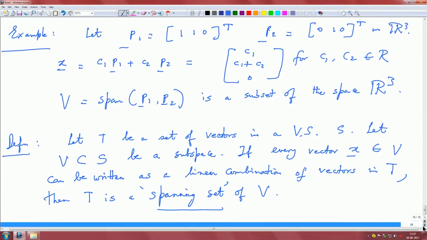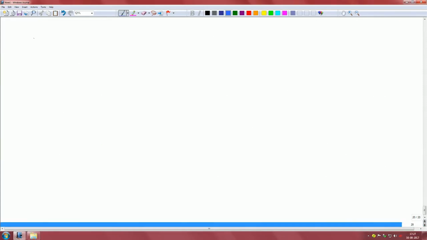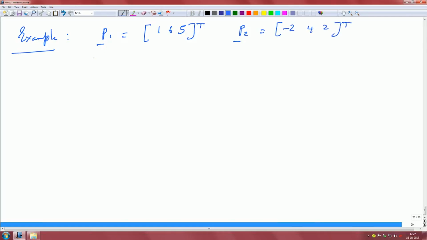Now, we will end this with an example. Suppose I give you vectors P1, say 1 6 5 transpose, P2 is -2 4 2 transpose, P3 is 1 1 0 transpose, P4 is 7 5 2 transpose.